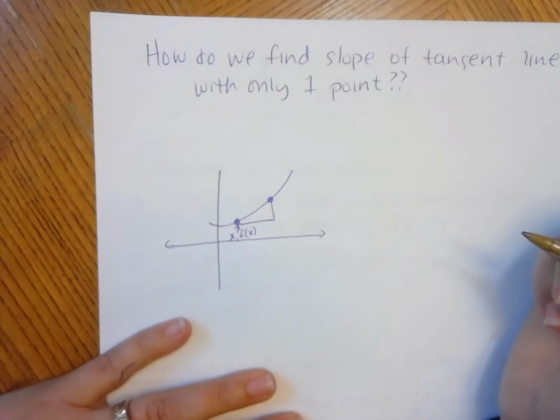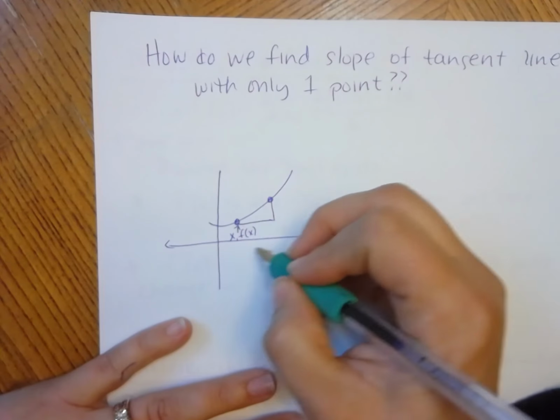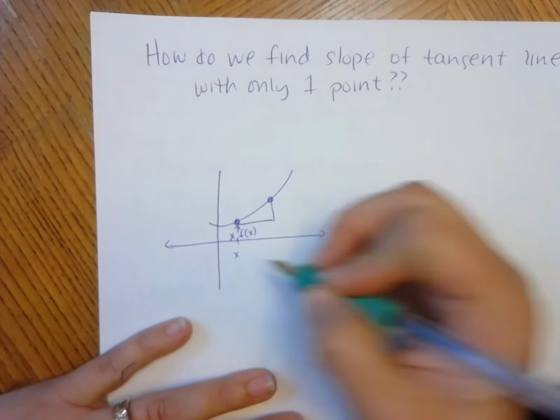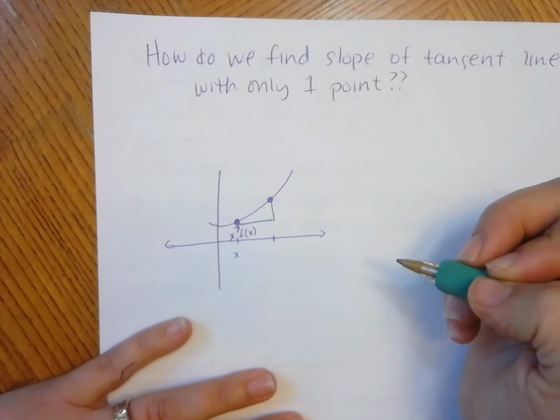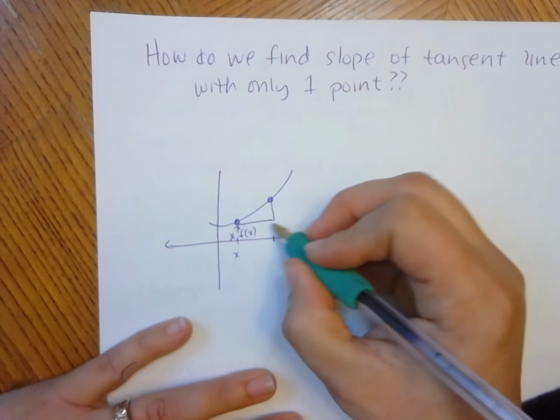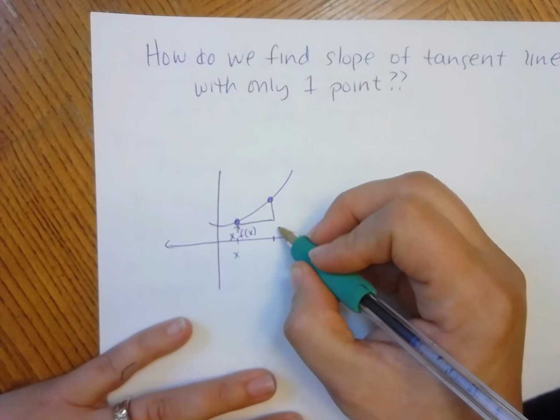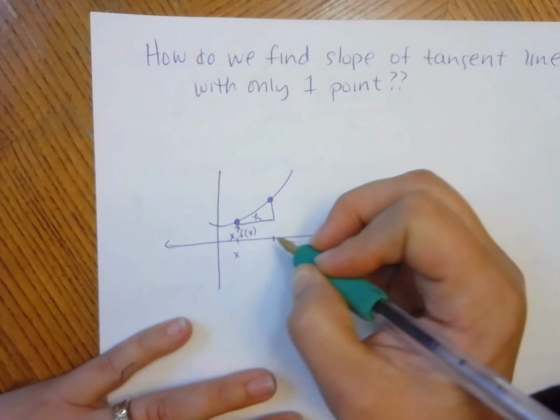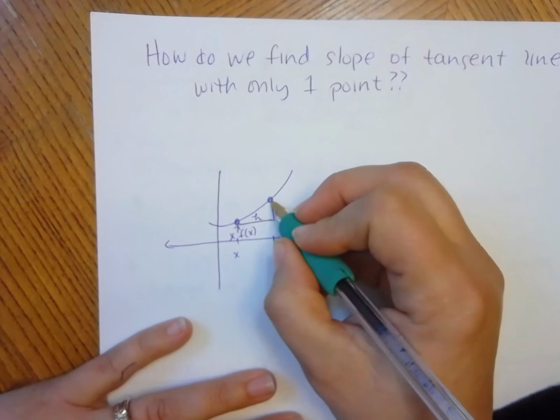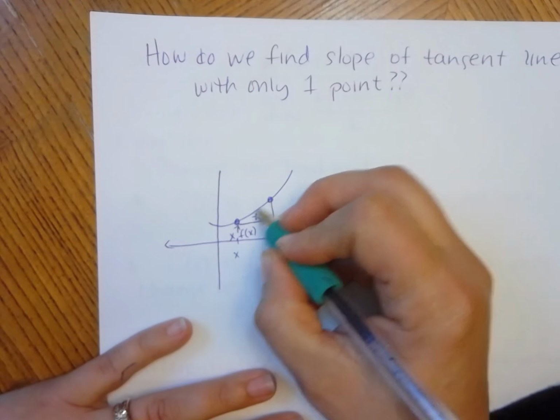So I'm going to draw this little triangle in here. This distance here, this is x. And this here, I want to say is x plus a little bit more. It's to the right of x. So I'm going to call this distance h. The h is just the difference between where this x coordinate is and where this x coordinate is.